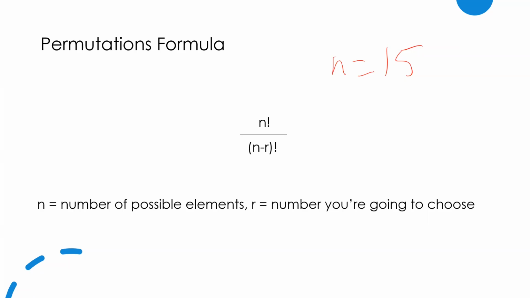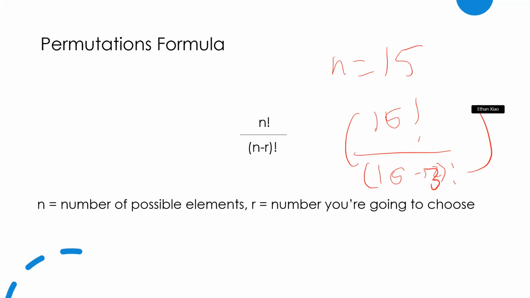And r is the number you're going to choose, which in the cows problem was 3, since we chose 3 cows. So another way you could solve that is 15 factorial over 15 minus 3 factorial, which gave us 15 factorial over 12 factorial, and then you could just divide it and solve it.